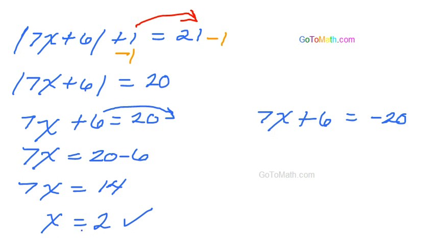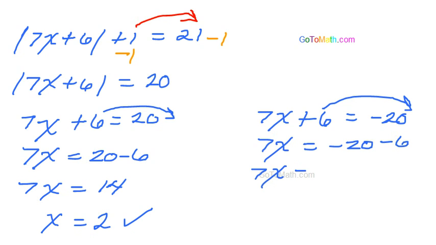So that happens to be one of our solutions. Now the other one over here, we're going to take this 6 over here to this side, so we end up having 7x is equal to negative 20 minus 6, so we have 7x is equal to negative 26, and therefore x is equal to negative 26 over 7.